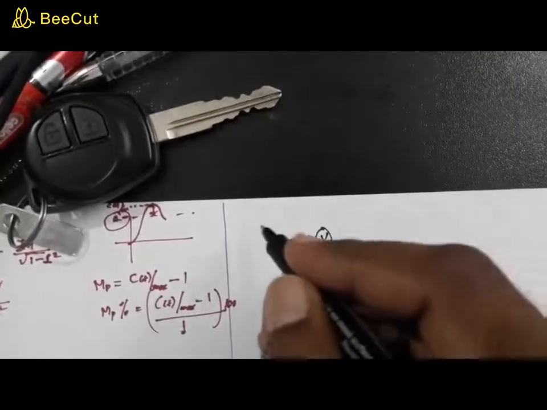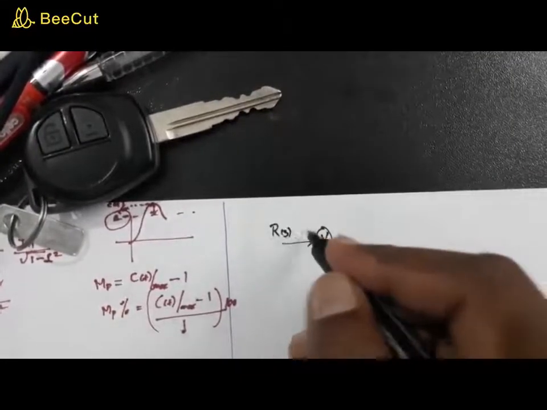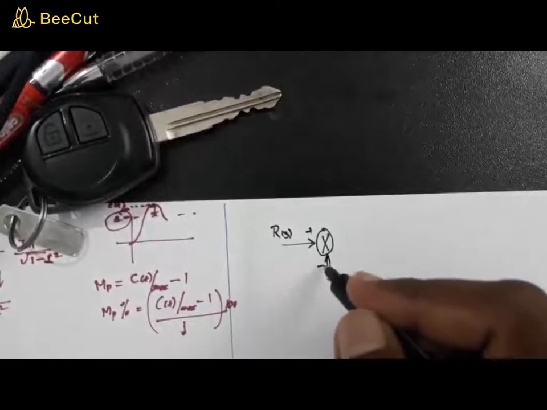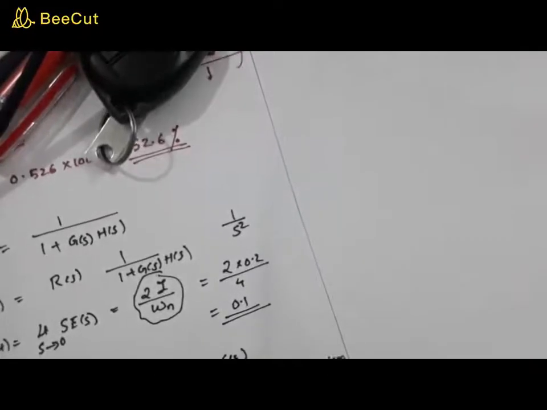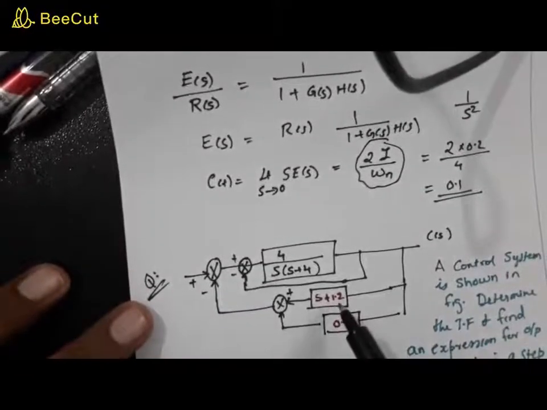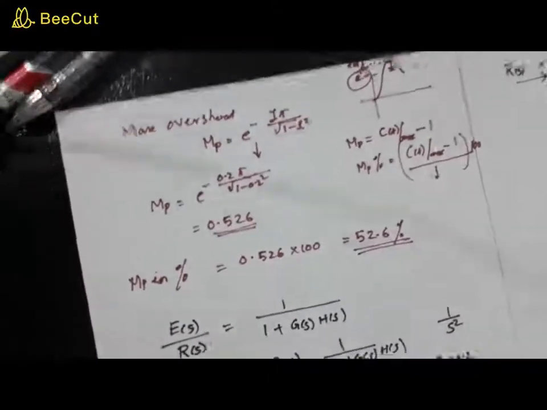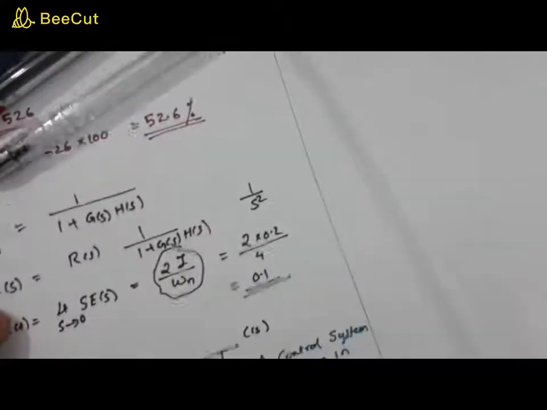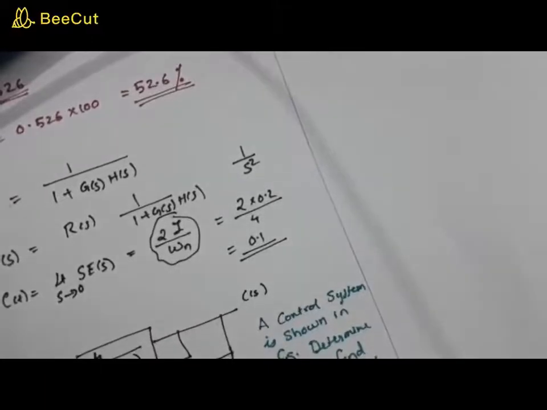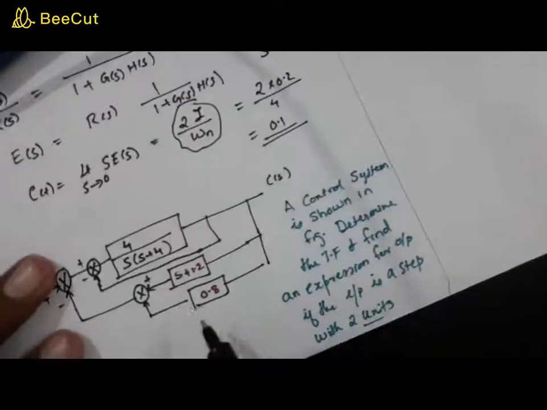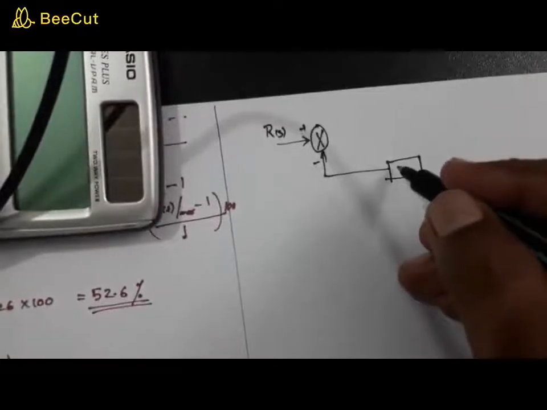Say that is your R of s. Then this is plus, this one is minus. So this block is s plus 1.2, s plus 1.2 plus 0.8, which is s plus 2.